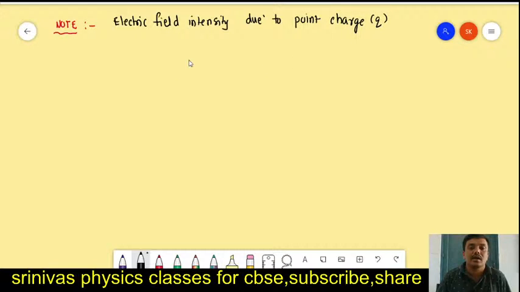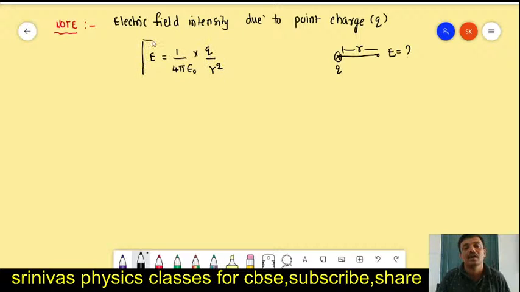From Q charge at a distance R, the electric field formula, as we just derived, is 1 by 4 pi epsilon naught into Q by R square. This is the formula for the electric field due to a point charge.